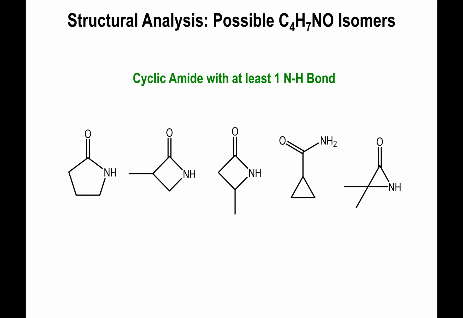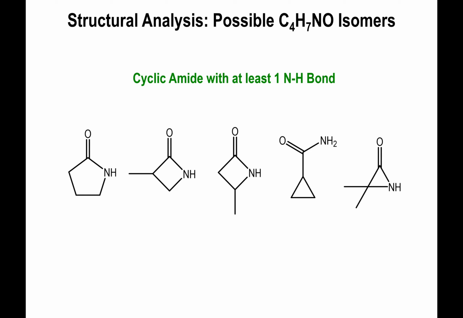I really can't think of any other one that fits the descriptions from the chemical formula, the IHD value, and the IR spectrum. Now, in some cases, however, it might not be this easy. If you want to start drawing all the possibilities for the isomers, by the time you get to this point, you may have so many options that this may not be the best way to approach the problem.